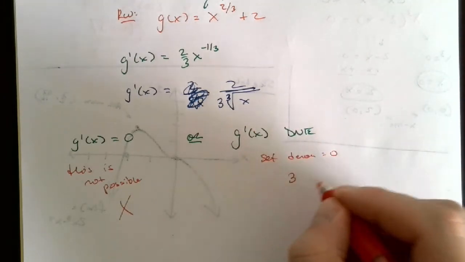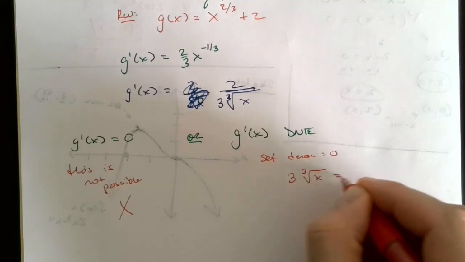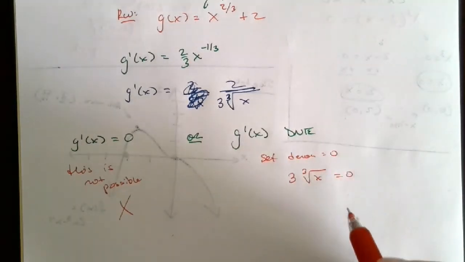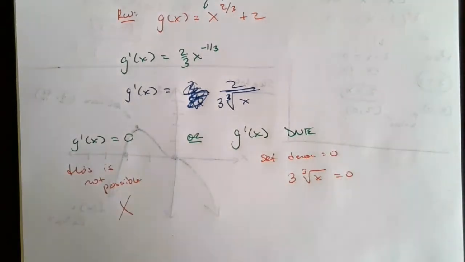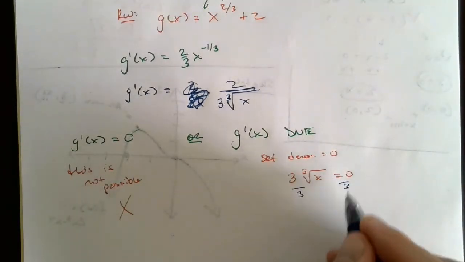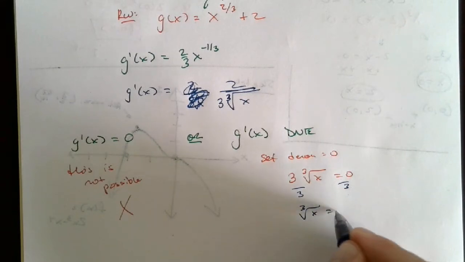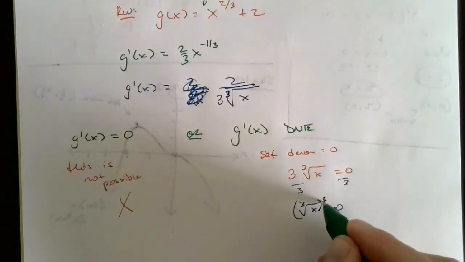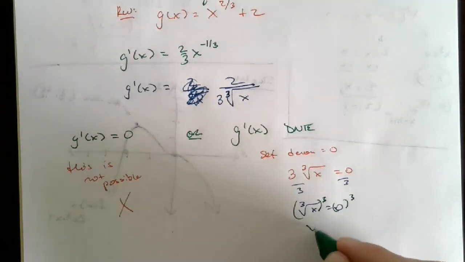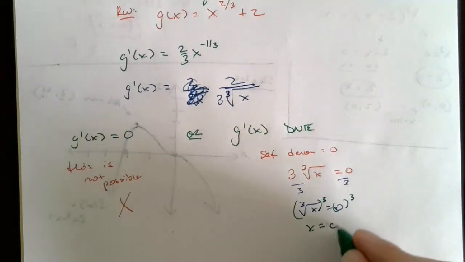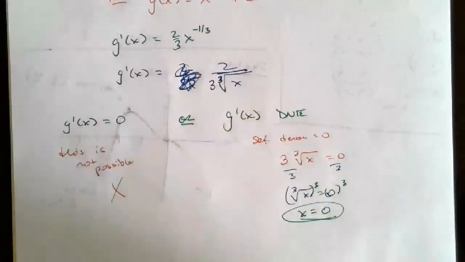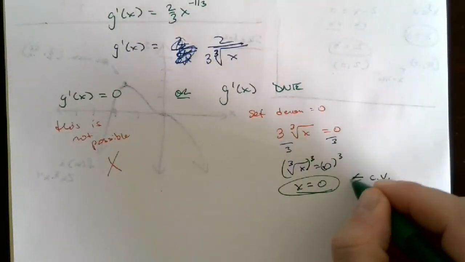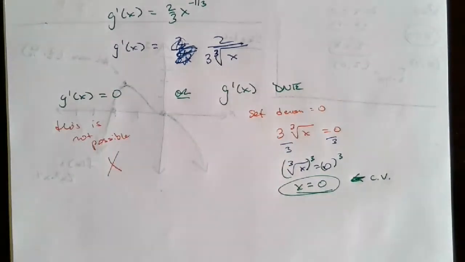Well, you've got 3 cubed root of x equal to 0, and we want to find those values because that's where this wouldn't exist. That would make this undefined. You could divide both sides by 3 here, so you have the cubed root of x equals 0. Then to get rid of the cubed root, remember you raise each side to the third power. You end up with x equals 0 to the third power, which is 0. So x equals 0, right? This is a critical value.